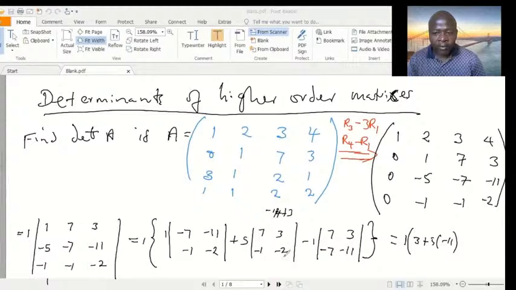This product is negative 14. This product is negative 3. So when we subtract negative 3 from negative 14, this becomes positive. That's why I've written negative 14 plus 3, and again negative 11.